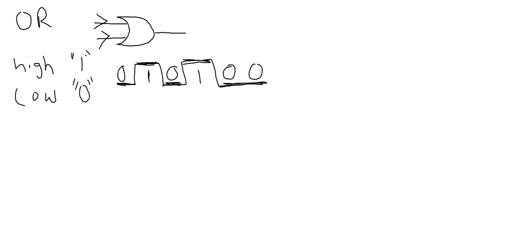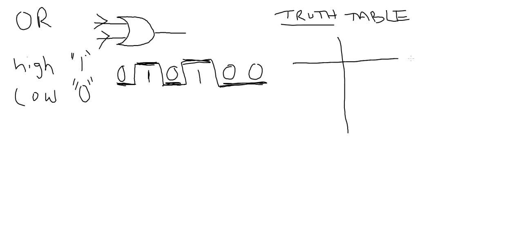So what the output is depends on the input, and this is generally shown on what's known as the truth table, I guess because it tells the truth. You have two inputs, one output.